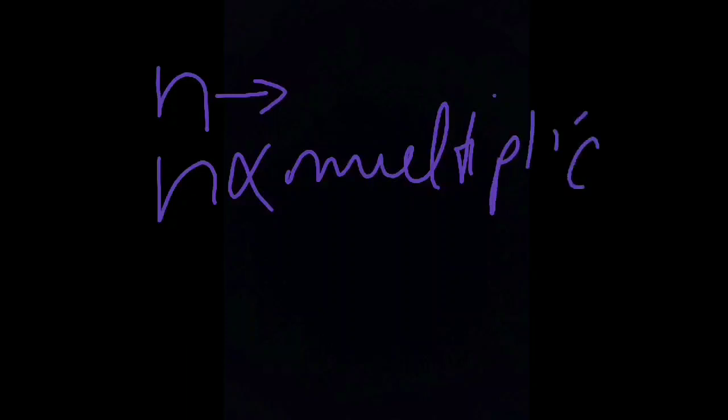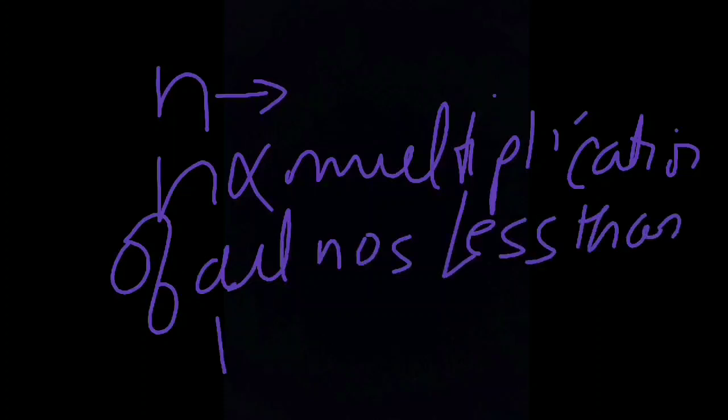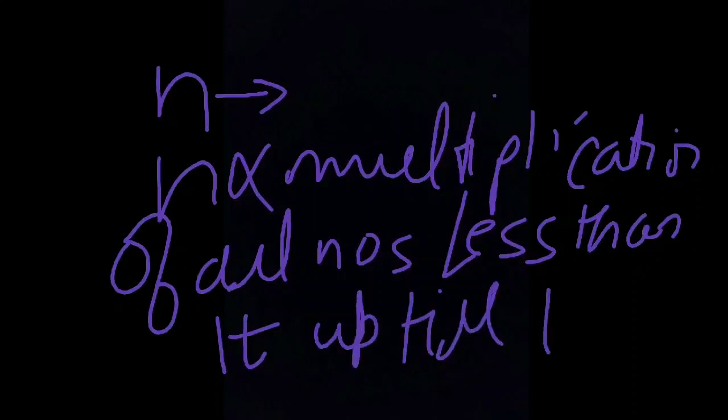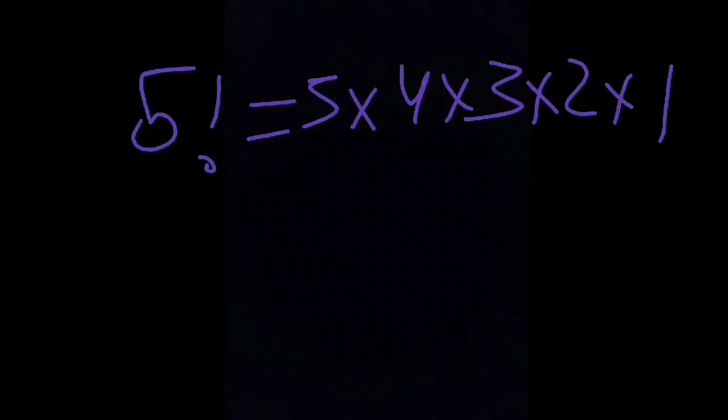Since n is any number here, we can also write this as n times the multiplication of all the numbers less than n, up till 1.